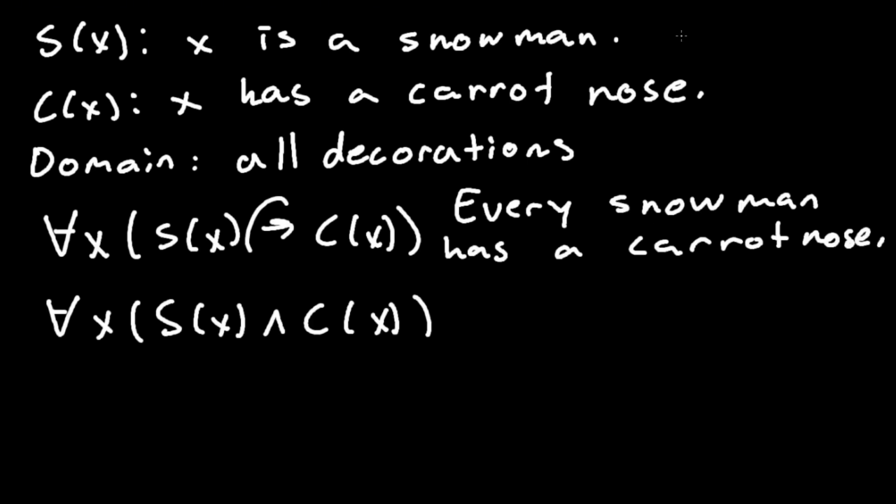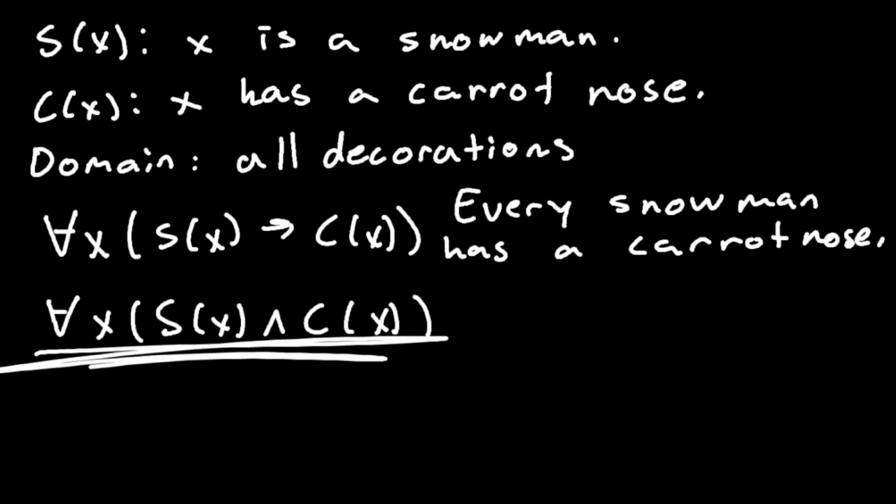Now, I mentioned that the statement every snowman has a carrot nose is a conditional, not the AND operator. And the reason why, I'll show you, if you write it down in sentence form, will be pretty obvious. So we have the domain here: all decorations, correct?